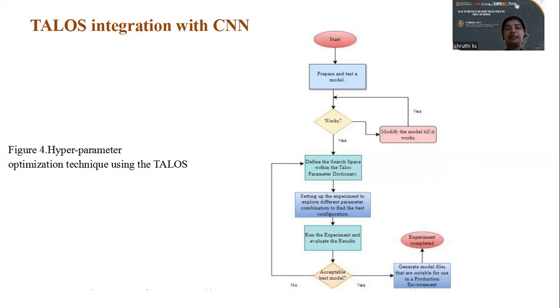We can run the experiment and evaluate the result. While evaluating, we test for which combination Talos provides the highest validation accuracy and the lowest validation loss. If the result is satisfactory, we can complete the experiment and take that combination as the best combination of the hyperparameters.